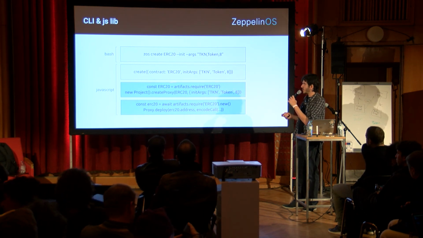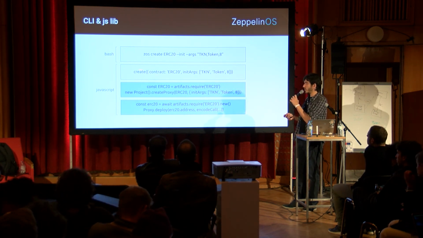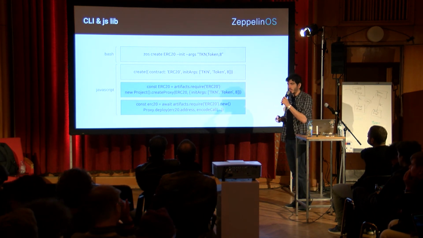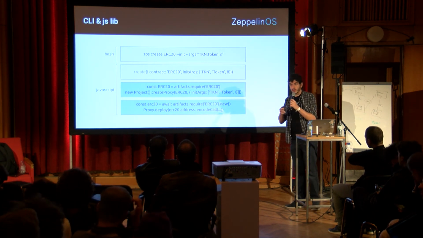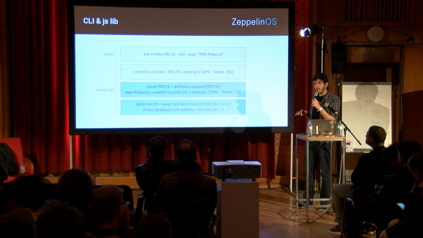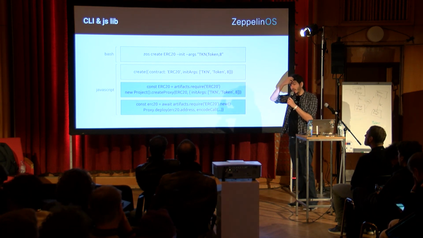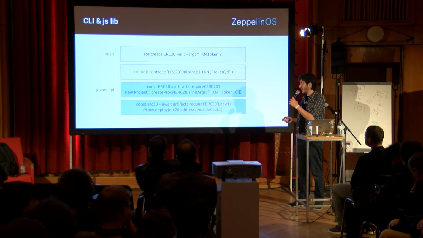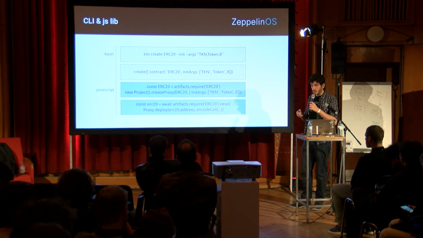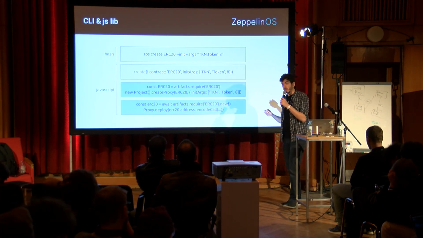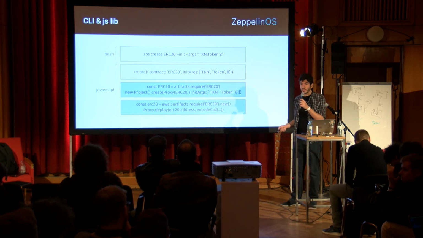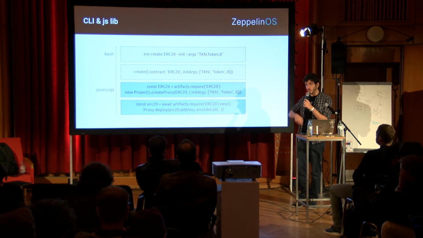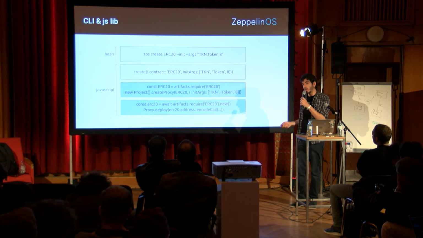Got it. At the command line interface level, if you include the ZeppelinOS CLI in your project, you'll have access to a function that is a test project, which is going to go through your ZeppelinOS JSON files. It's going to understand the structure of your project. It's going to automatically deploy it on Ganache on every test you have.